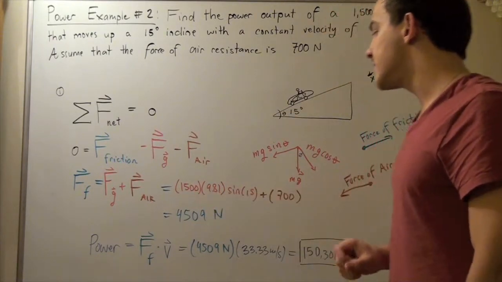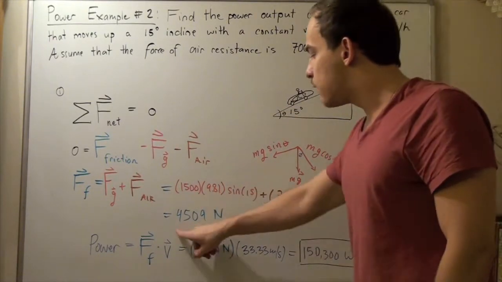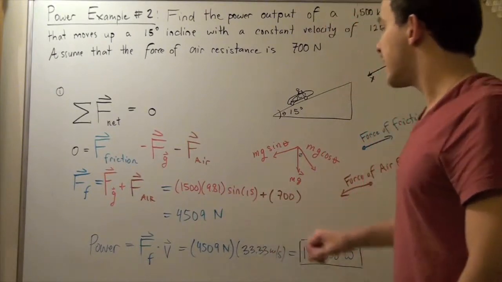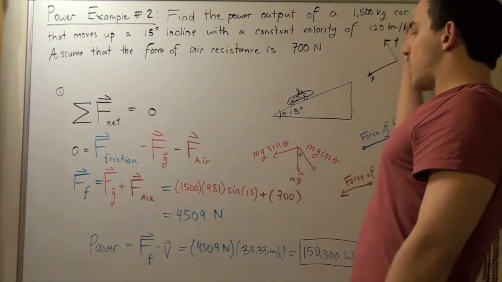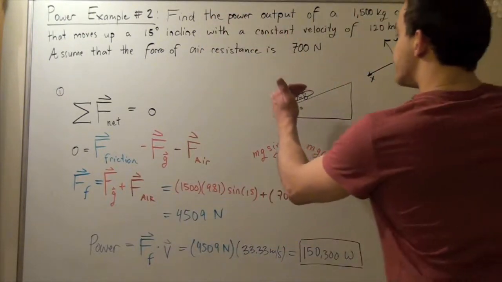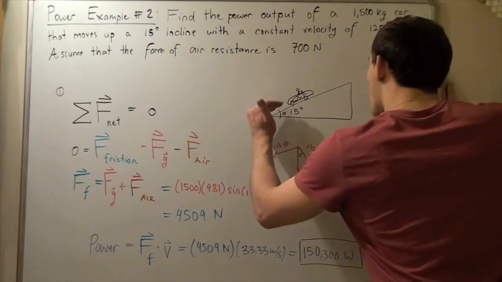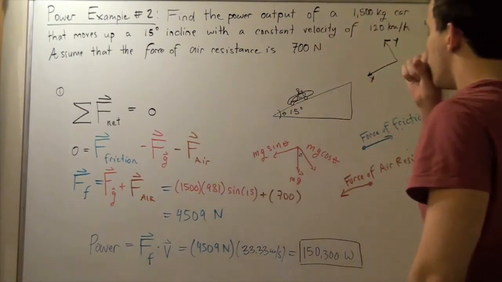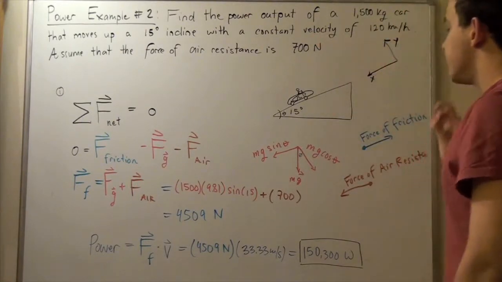So we add these up and we get approximately 4,509 newtons of force going in this direction, right? Because we found what the force of friction is, which points upward. So the force going upward this way is the same as the force going downward. And that's why our velocity is in fact constant.